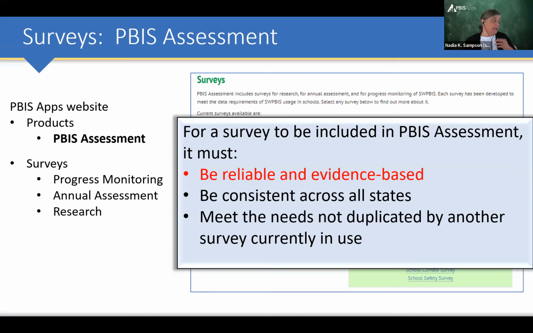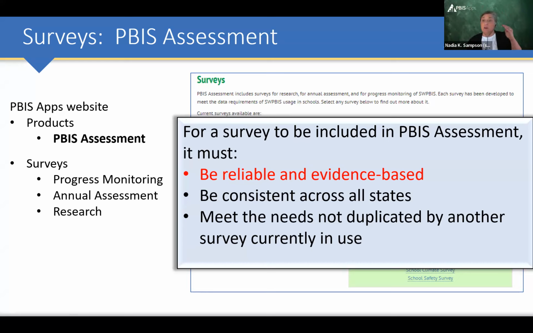So if your state has made your own version of the TFI, for example, it's probably not going to fit. You're not going to be able to put that information in here. There's one TFI, and that's how you would enter that data in here. So it's not tool by tool, state by state. It's the tools that are being used nationwide, sometimes worldwide. We have other countries using PBIS and using PBIS assessment.